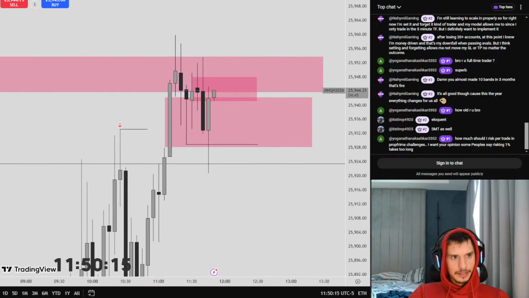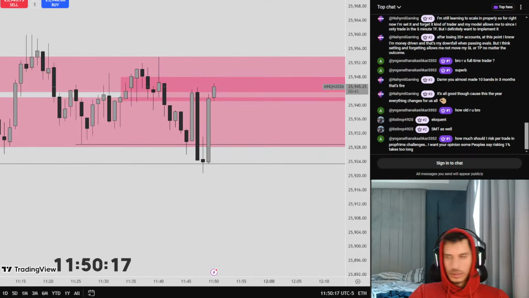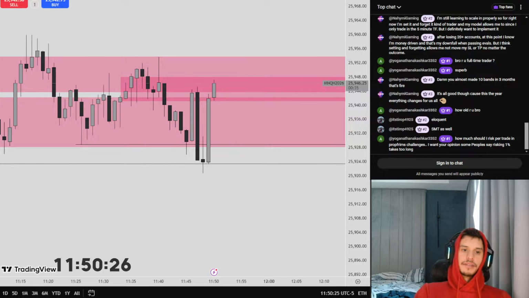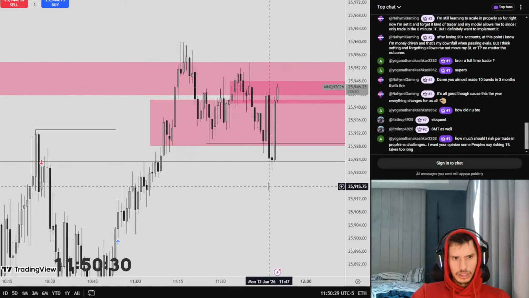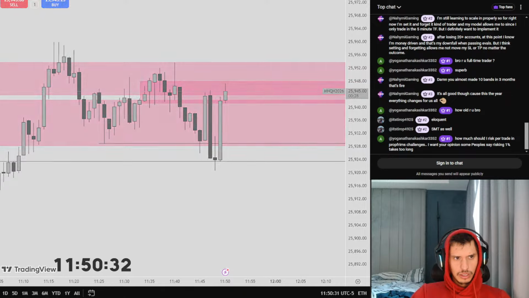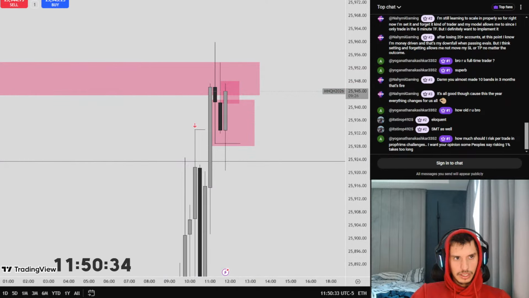We're waiting. It does not look like it wants to print short. And what do we do in these scenarios? We don't trade. That's what we do. Or we wait for confirmation. Because to me, it looks like it wants to keep pumping higher.